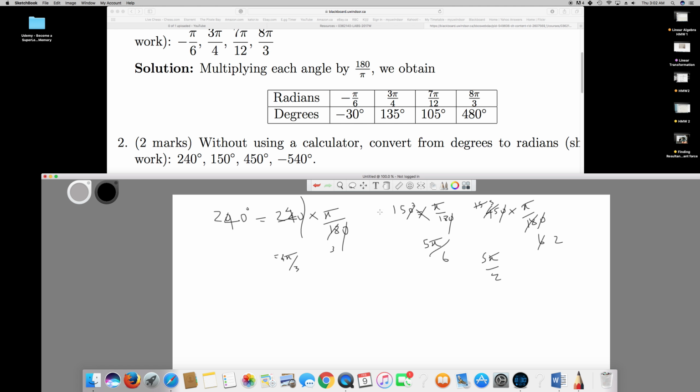That's the answer for this one. And the last one is minus 540. Minus 540 times π over 180. The zeros cancel, and 6 times 3, and 6 times 9, so it's minus 9π/3, which is minus 3π. That's the answer for this question.